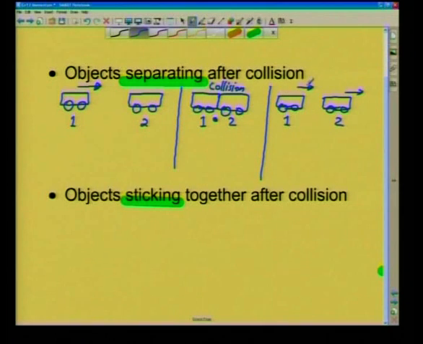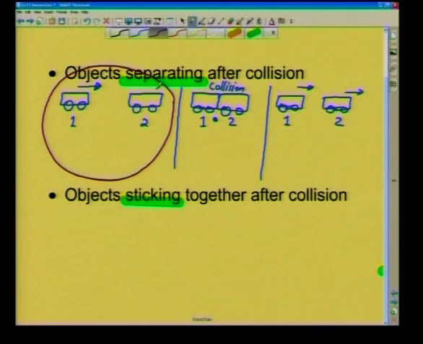Now, what happens here? This is a system. This whole thing, it's a system. And in this system, what will be the total momentum? The total momentum will be the momentum of 1. So P total, if you like, will be momentum of 1 plus momentum of 2.